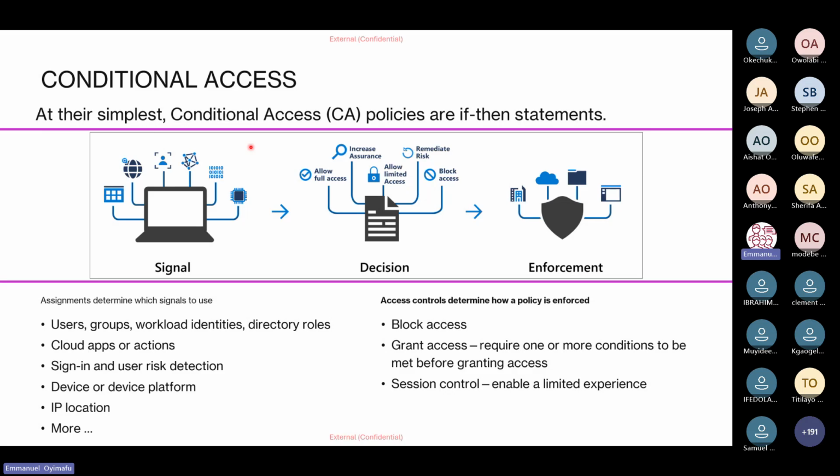Part of those signals could be cloud apps or actions, user risk detections, device or device platform, IP location, and more. If, for instance, somebody is trying to sign in from the UK, you can say require multi-factor authentication.